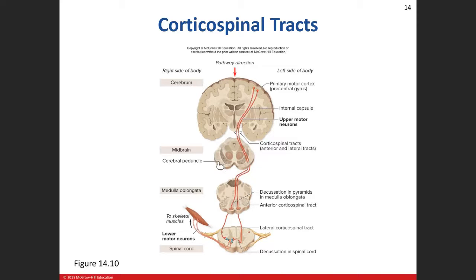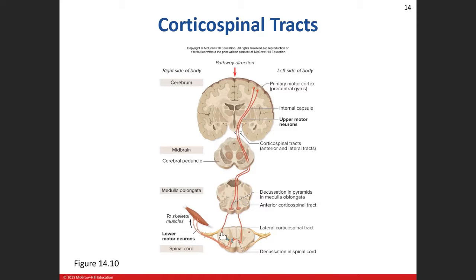When we were labeling the midbrain last class, these were descending somatic motor neurons. So they'll travel down. Now the lateral cortical spinal decussates or crosses over in the pyramids here. It crosses over in the medulla oblongata.